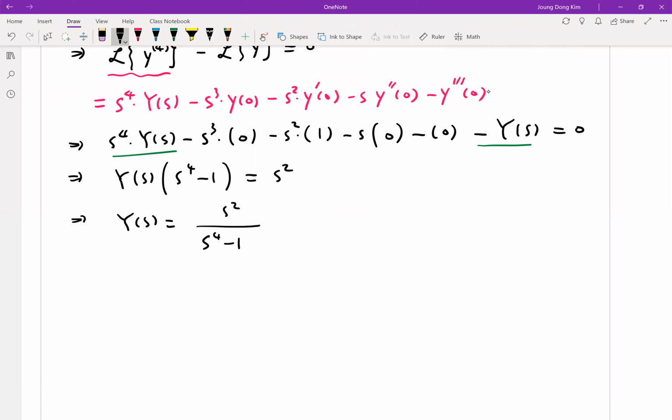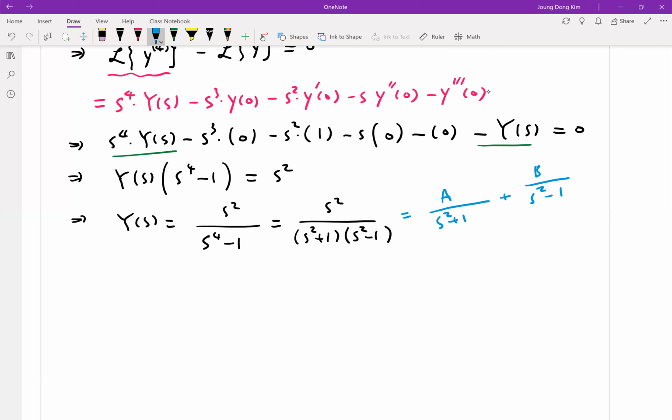Okay, unfortunately we don't have this form on the table, but if you write this one like that, then it is easy, right? So we're going to do partial fractions again: A over s squared plus 1 plus B over s squared minus 1. I believe you are better than me at using partial fractions.